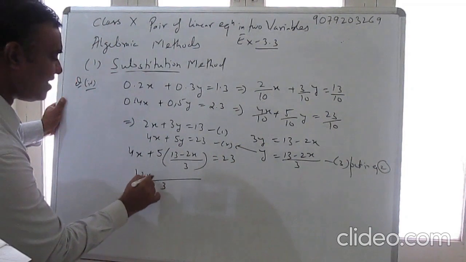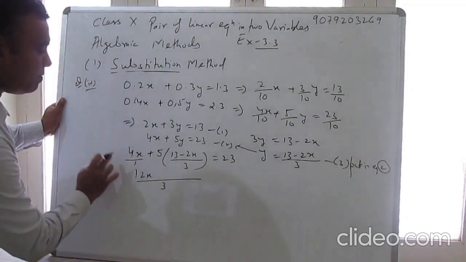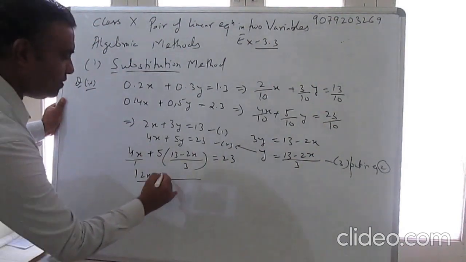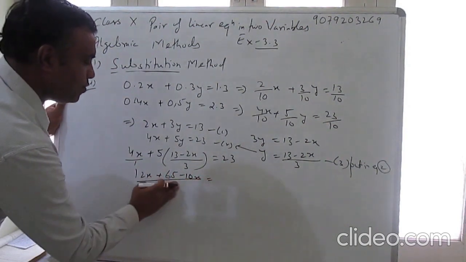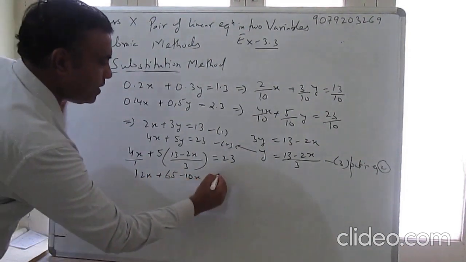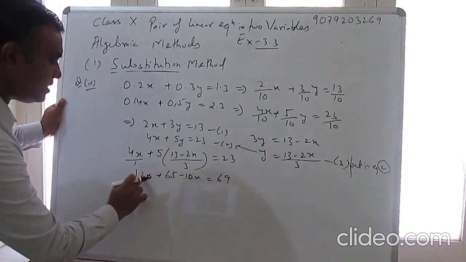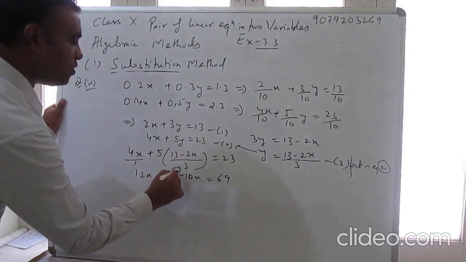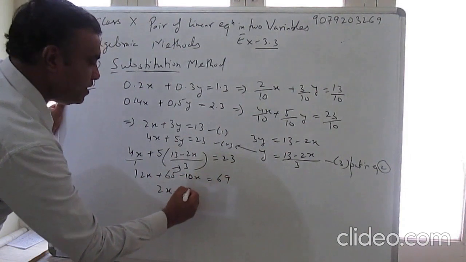This is 12x, 1 divided by 3 and multiplied by 4. 12x plus 13 fives are 65 minus 10x is equal to 23. Cross multiply, 23 into 3, that is 69. Now 12x minus 10x is 2x, and transpose 65 to the other side, it becomes minus, so 69 minus 65 means 4.